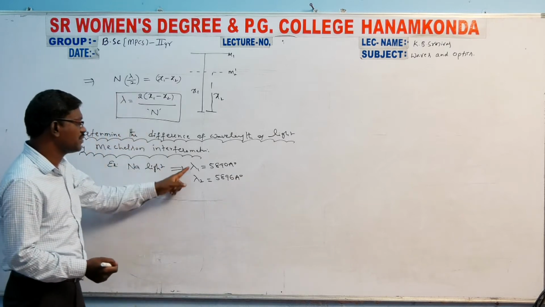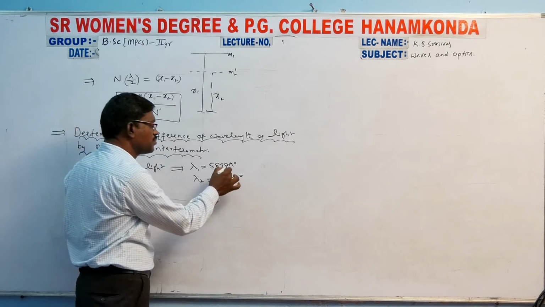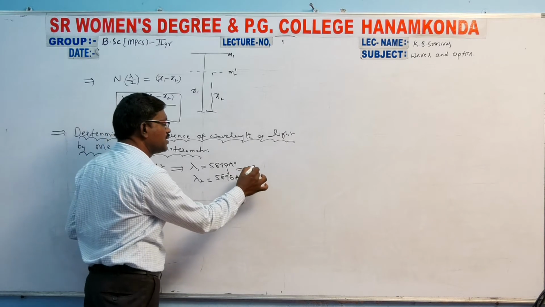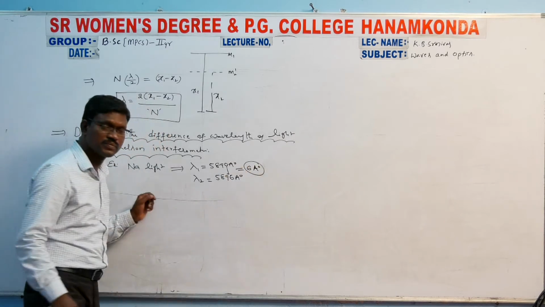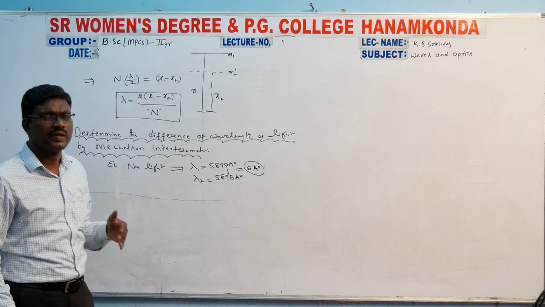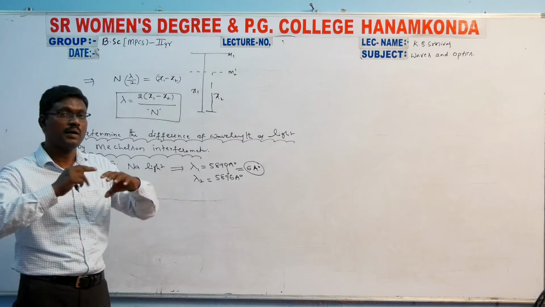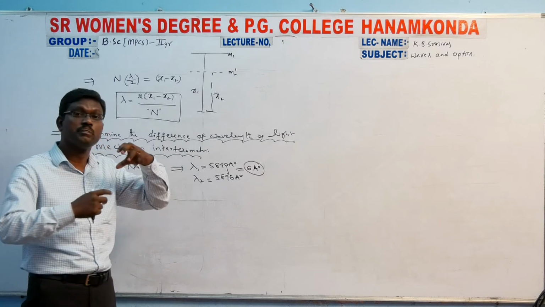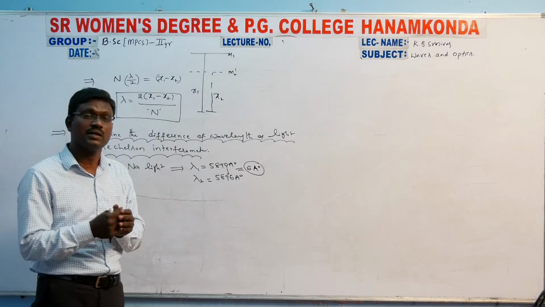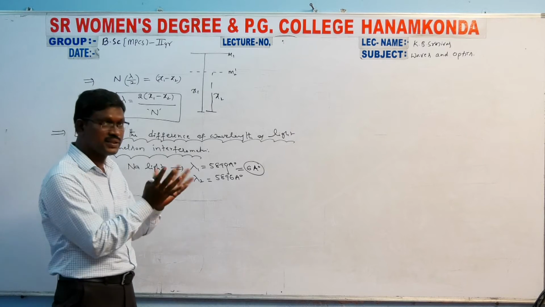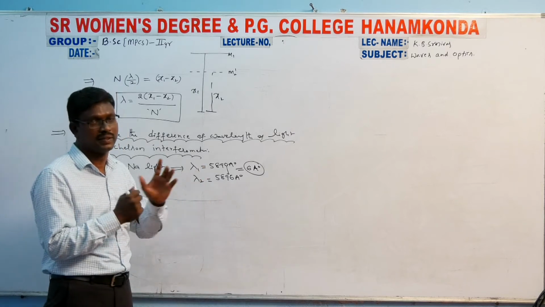So the difference between these two wavelengths is a very small value, equal to 6 angstrom. That is why generally we cannot distinguish these two lines separately. Only if we observe sodium light with a powerful spectrometer can we distinguish these two lines.